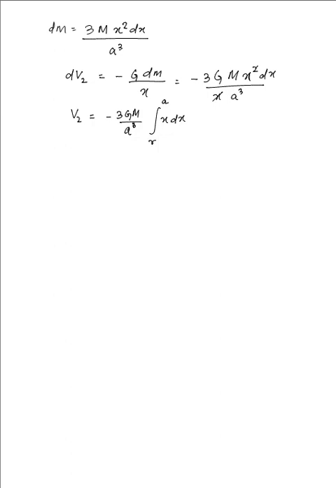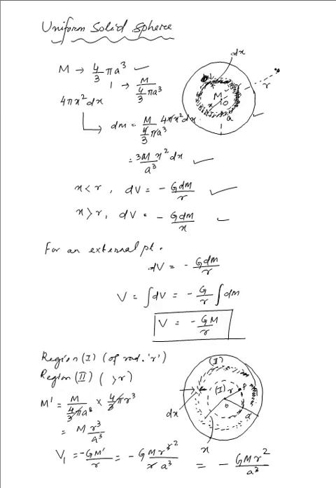So what happened over here is that we just obtained it for the entire region. Firstly, we obtained it for the region 1, and secondly, we obtained it for the region 2.